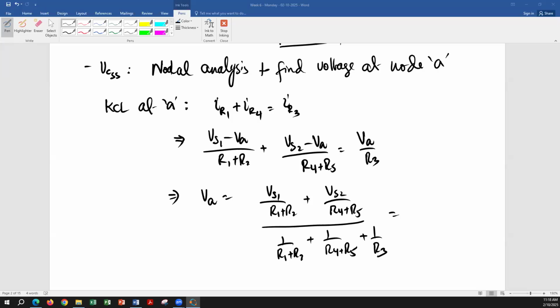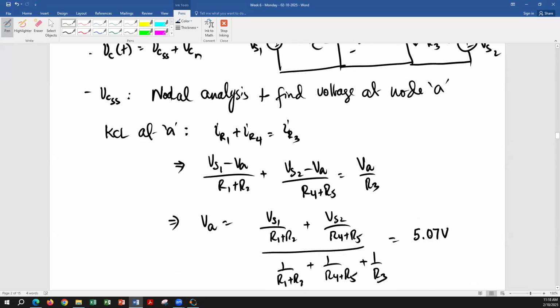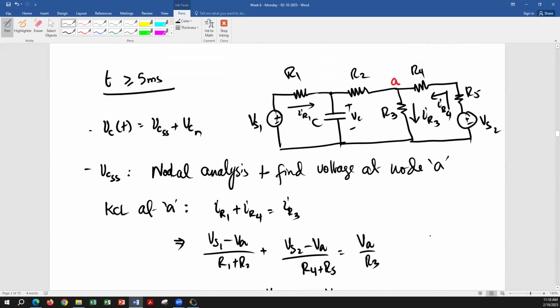Parentheses, parentheses, parentheses. I think it should be okay. 5.06 or 5.07 rather. See if you get the same result. All right, now we know VA. 5.07 volt.